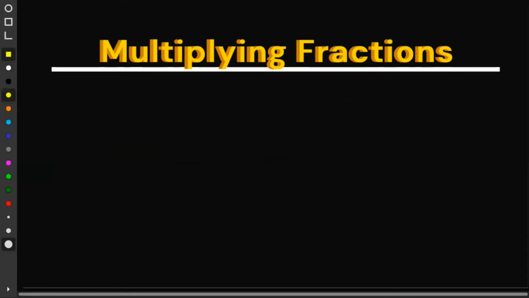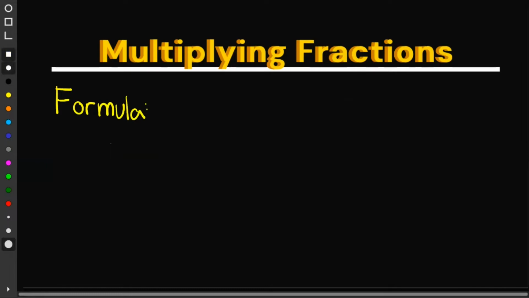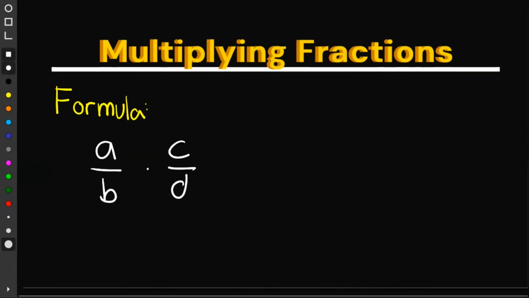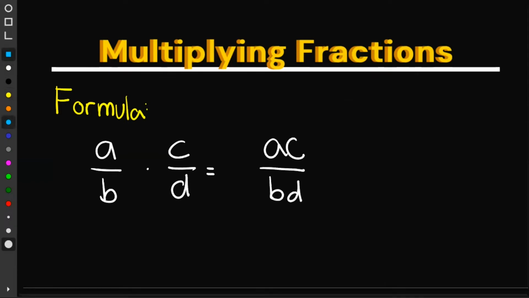Now we have a formula that we use in multiplying fractions to obtain the desired outcome a while ago. This is given by, if we have A over B times C over D, this would give us AC over BD. Or basically, we multiply these 2 and these 2.